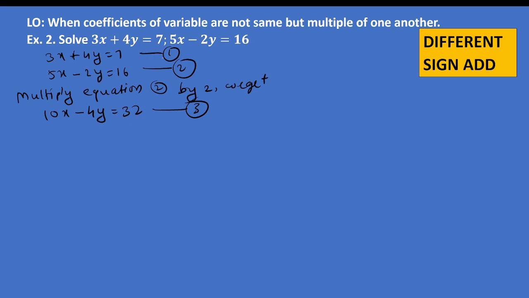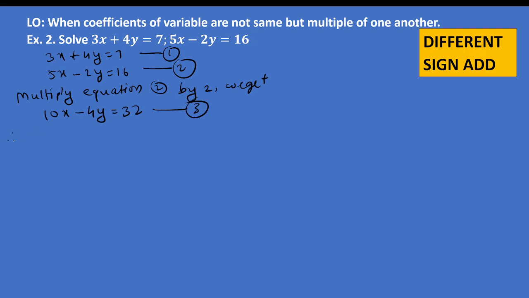So now in equation 1 and equation 3, we are having 4y and 4y as the same term, so we can cancel it out. Here it is plus and here it is minus sign, so different signs. So what do we do with different signs? We will simply add them.